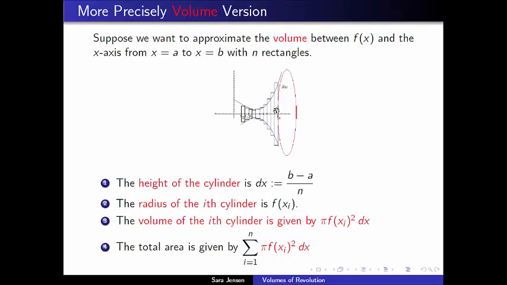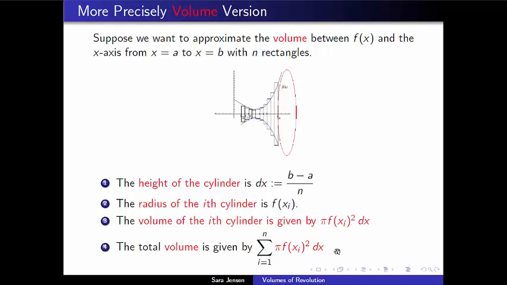Here, our radius is f of x sub i, so the radius squared part of that cylinder formula is f of x sub i quantity squared. The dx value is actually the height of our cylinder, and so this is pi times the radius squared times the height. This expression right here is giving the volume of one of the individual cylinders, and so just as we did with area, we'll find the total volume by adding up each of the individual volumes of the cylinders.